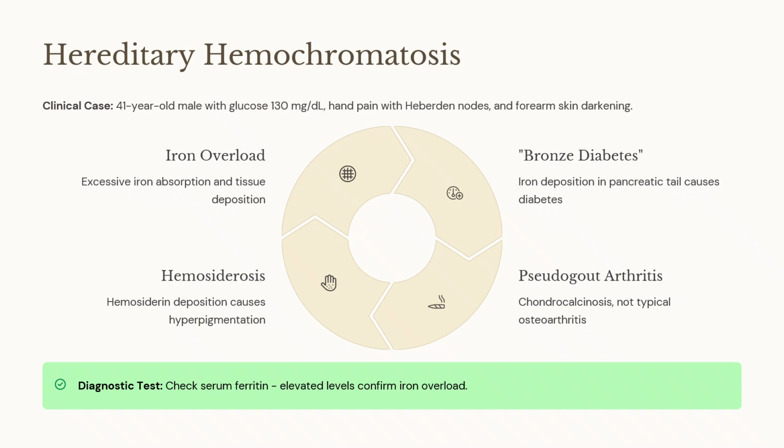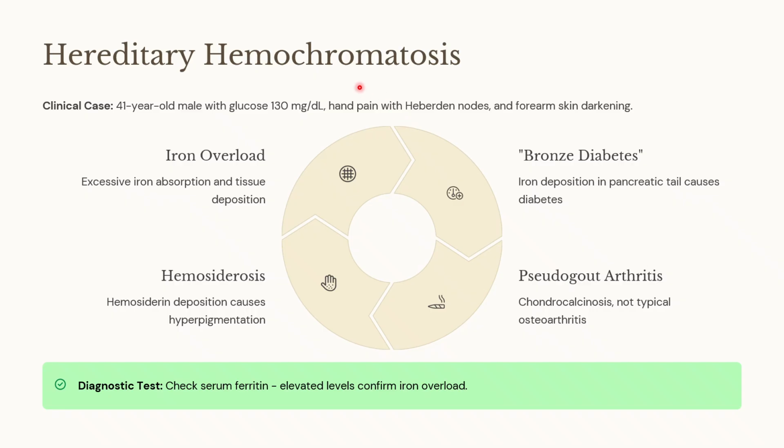See, a 41-year-old male with a glucose of 130 milligram per deciliter and hand pain with Heberden nodes and forearm skin darkening. So what are Heberden nodes? Heberden nodes are those that are found in the distal interphalangeal joints. So we know that when there are nodules in the distal interphalangeal joint, that means it is osteoarthritis.